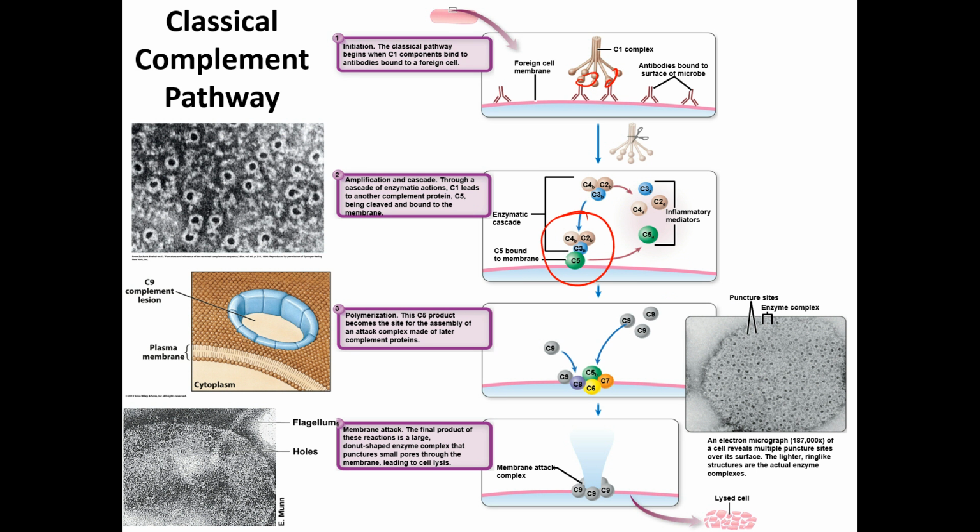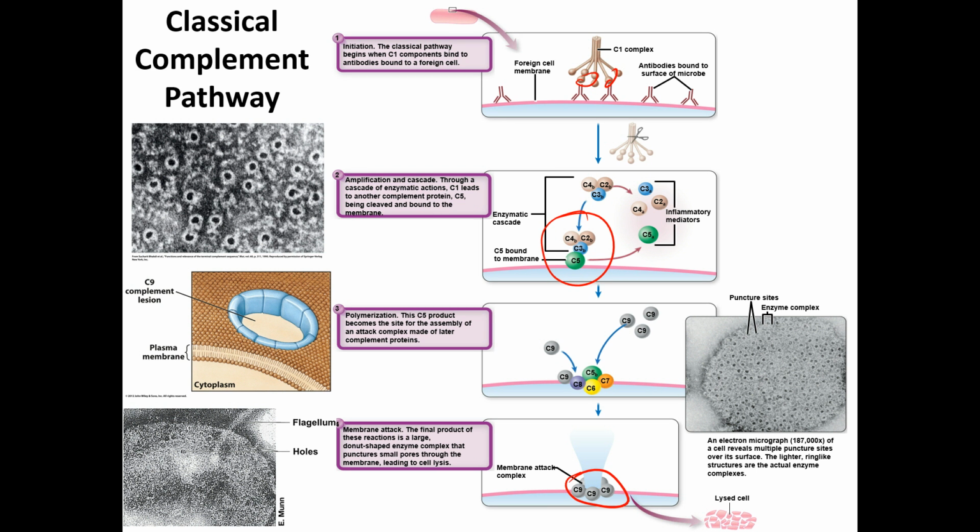Then you have C9. So you have C5, 6, 7, 8, and then C9. C9 basically forms a complex that encircles and encases these proteins, and it forms a pore.